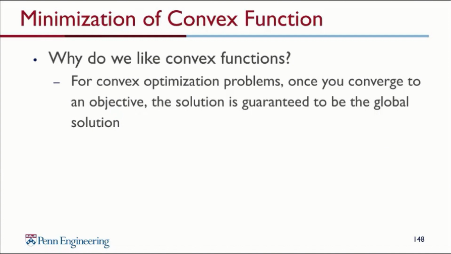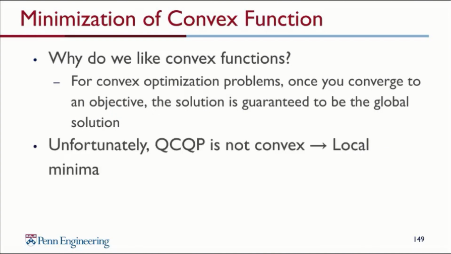The reason we like to use convex functions and formulate a convex optimization problem is that for convex optimization problems, once you converge to a solution, it is guaranteed to be the global solution. Unfortunately, a quadratically constrained quadratic program is not convex in the general sense. There are specific cases where it is convex, but generally they are not, and especially for our problem, it's not a convex problem.